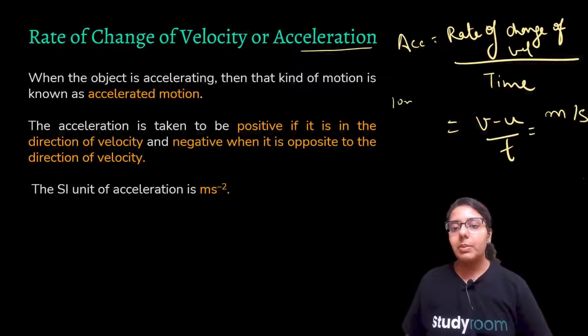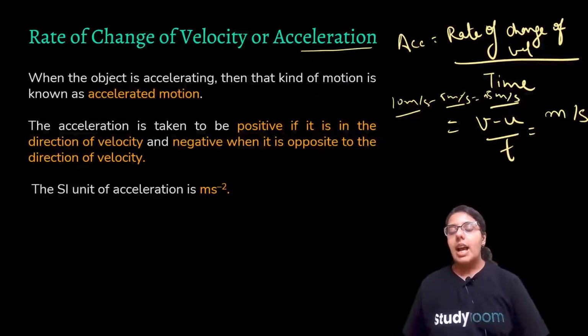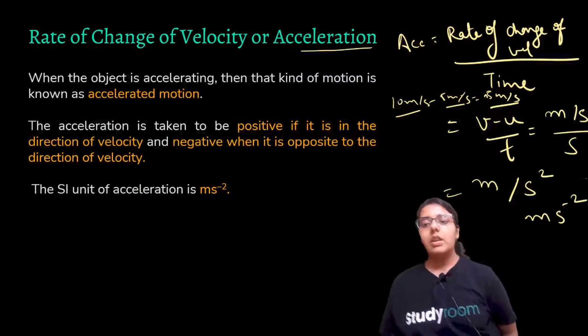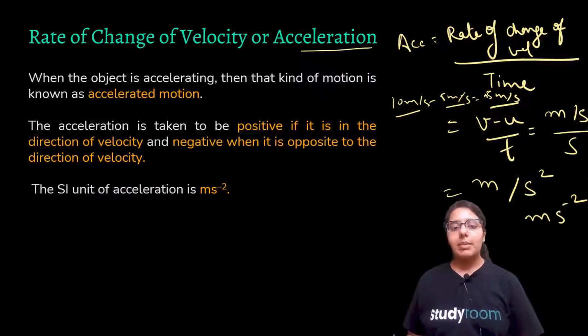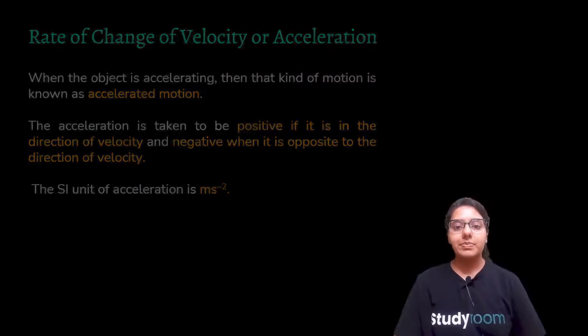For example, 10 meter per second minus 5 meter per second. We are subtracting velocity from velocity, so we get a velocity with the SI unit meter per second. And what is the SI unit of time? Second. So from here we get meter per second square or meter second power minus 2. We can write it both ways, both are the same. So the SI unit of acceleration is meter per second square.